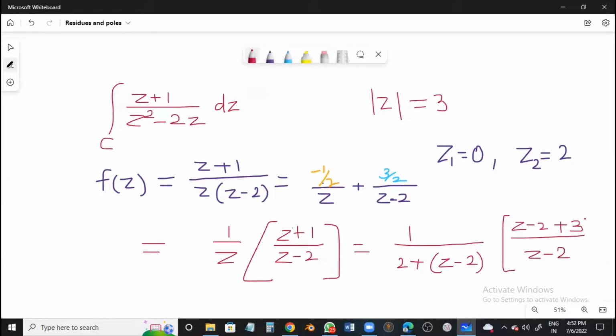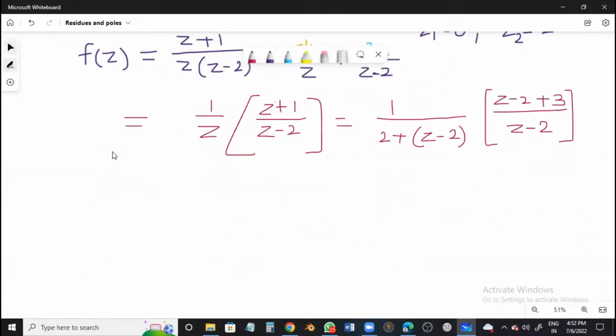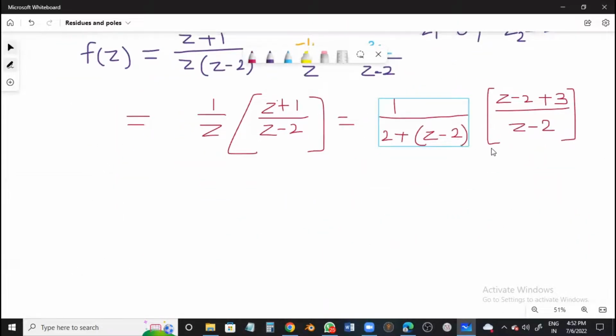This is quite possible. What next can I do? This is 2 plus Z minus 2, so let me take this 2 common. So what am I left with? 2 is taken out, so it becomes half. This is 1 upon 1 plus Z minus 2 upon 2. Am I right?